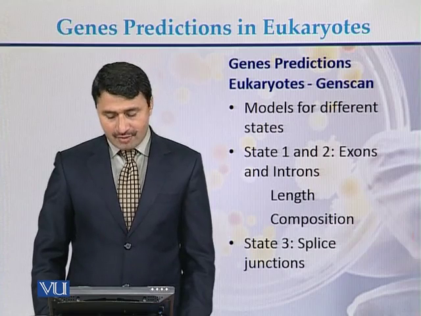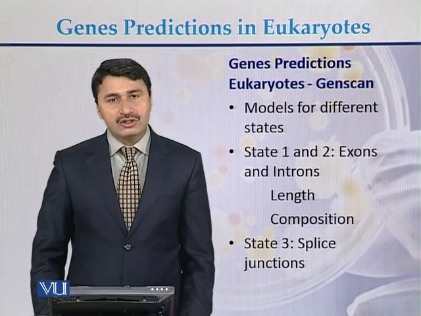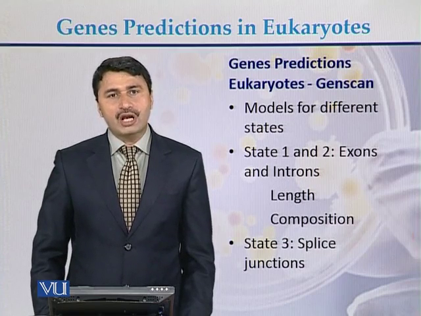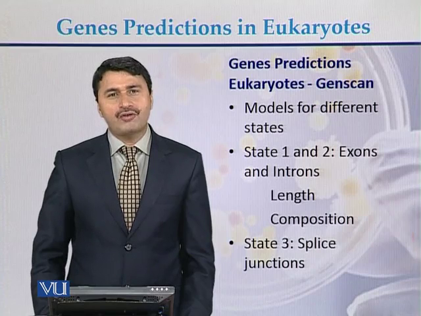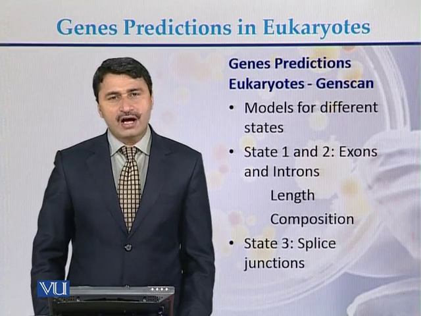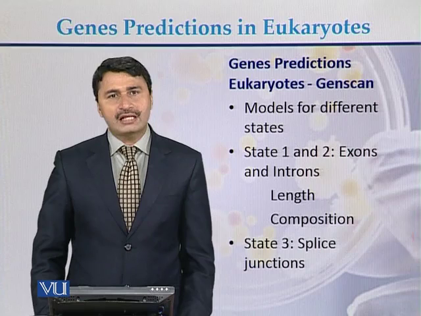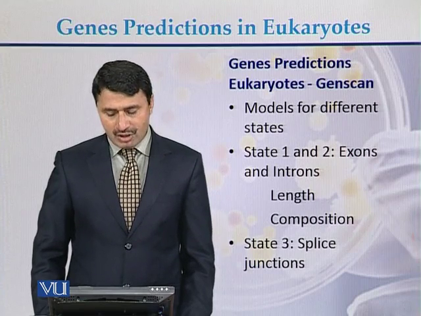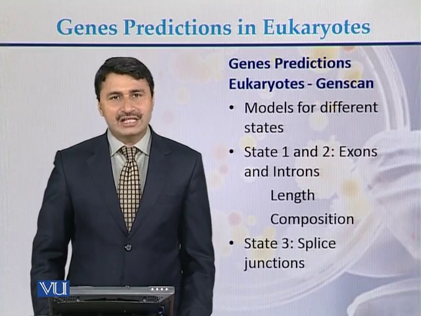In the case of state 3, it also checks the splice junctions of exons and introns, which are also called the boundaries of exons and introns. So in state 1 and 2, it identifies the length of the exons and introns and the base composition of the exons and introns, and in the third state, it also identifies the splice junctions.